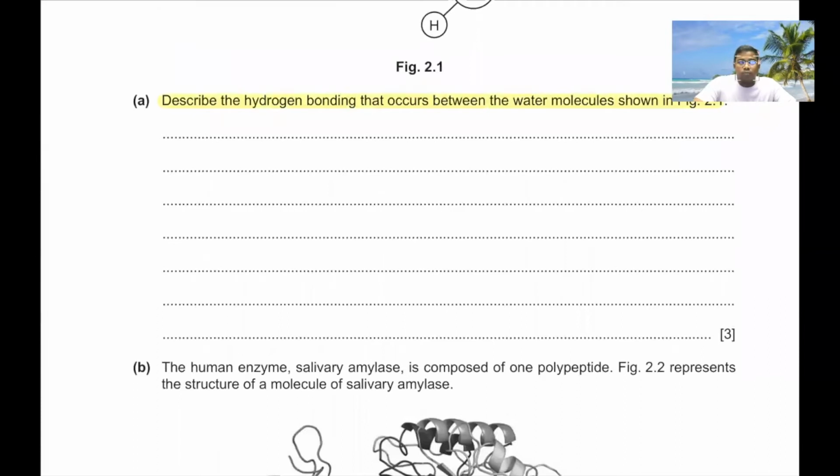Hydrogen bond is a weak bond. Each oxygen forms 2 hydrogen bonds and each hydrogen forms 1 hydrogen bond. The attraction between the oxygen atom of one water molecule and the hydrogen atom of another forms a hydrogen bond. Water is dipolar, as electrons are unequally shared between oxygen and hydrogen.